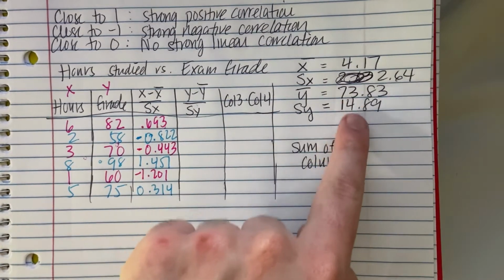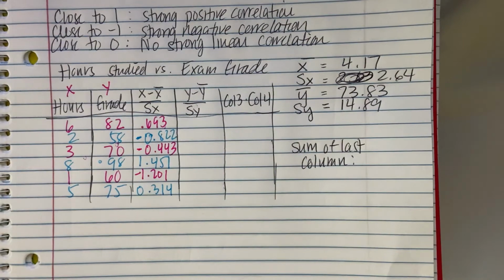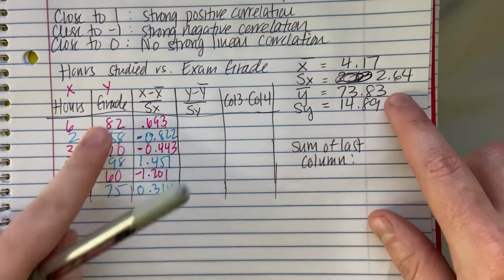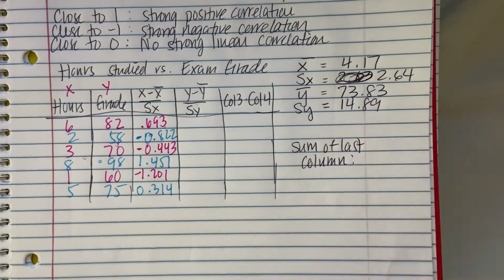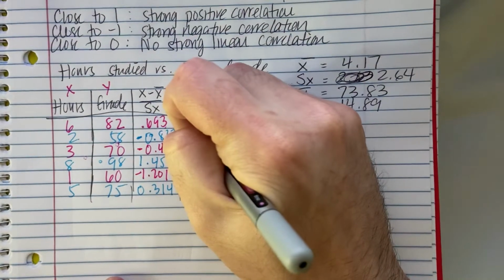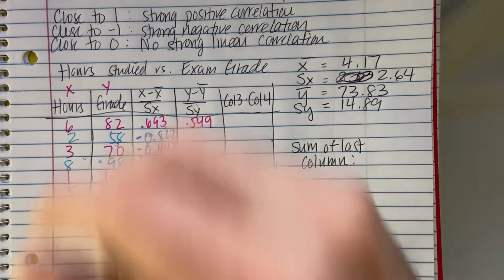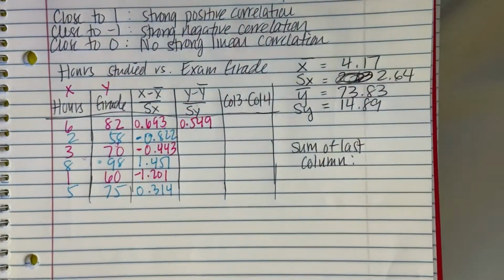Since we have those two, we have to plug in all of the y values. The y value for the first test score was 82. So we do 82 minus 73.83, and then all of that divided by 14.89, we get 0.549 when rounding. If you want to put the zeros in, you can.